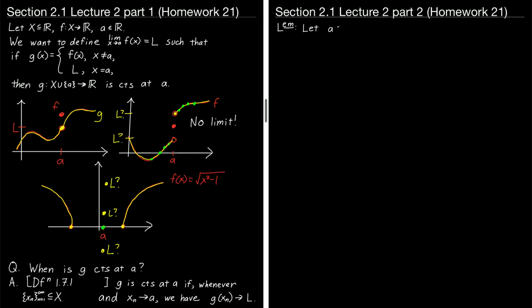So let's have a point a in a domain X in the real numbers, and since we've already used f and g for things, let's let h be a function from X to R. Then h is continuous at a if whenever you've got a sequence of points contained in X that converges to a, we have h of x_n converging to h of a.